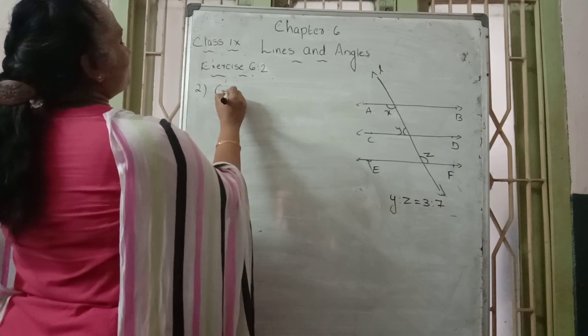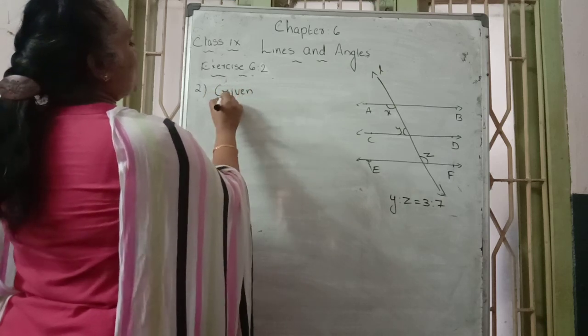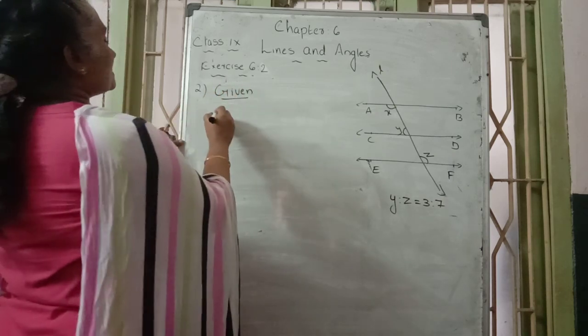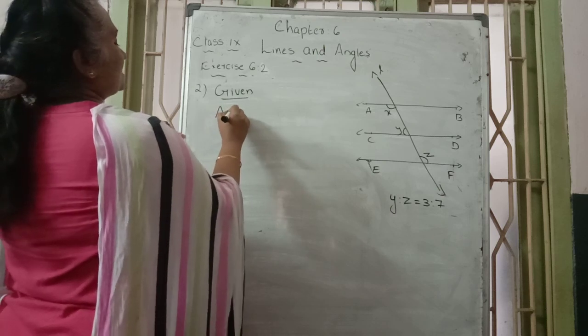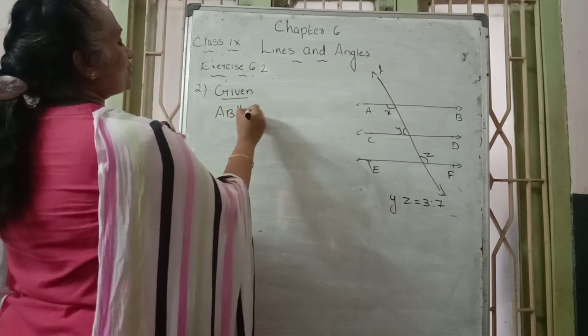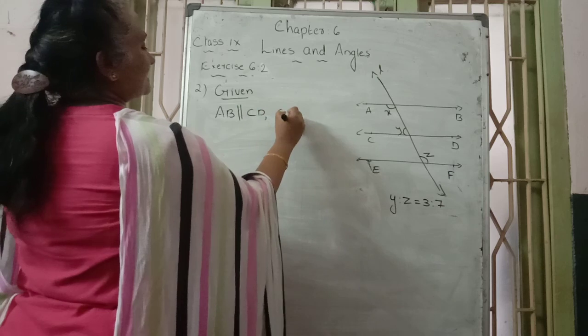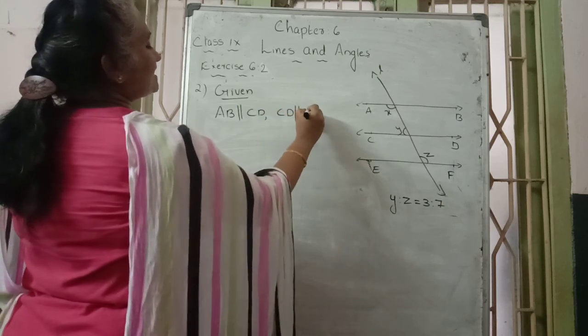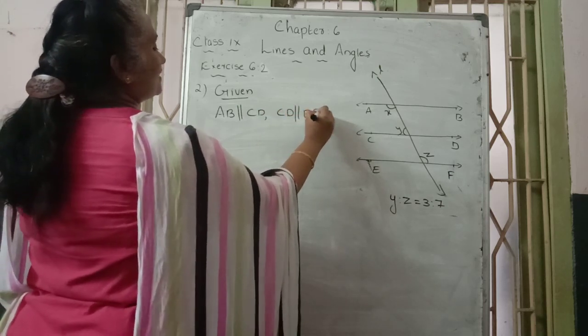First, what information did they give? They gave that AB is parallel to CD. Then they gave that line CD is parallel to line EF.